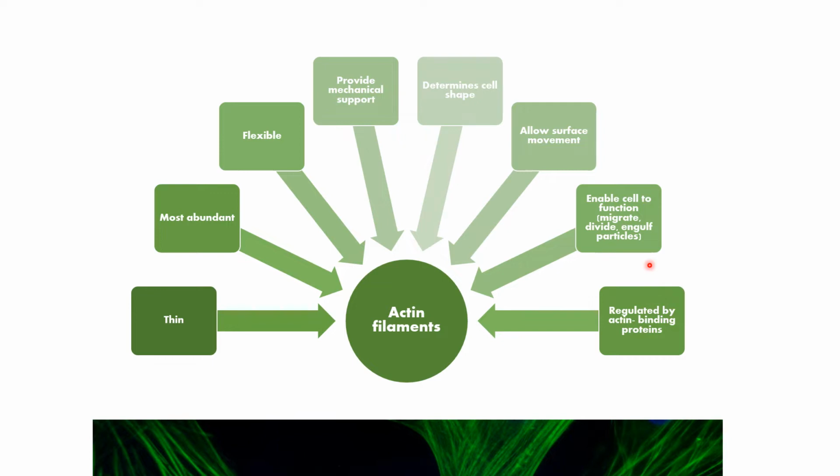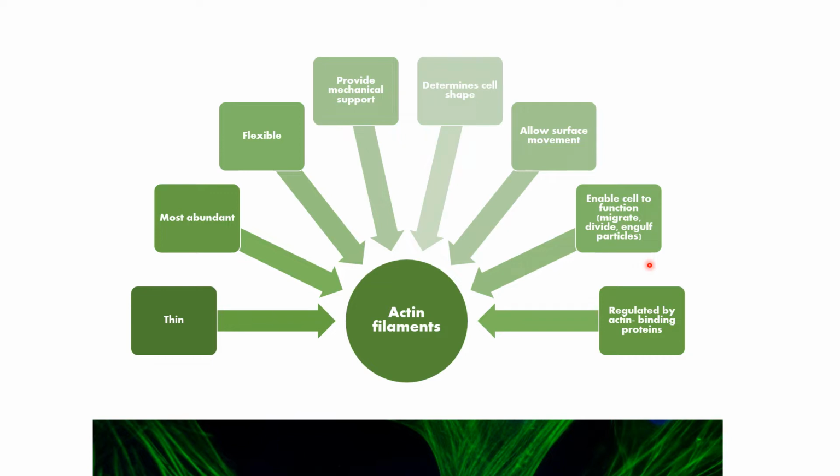They enable the cell also to function. They make the cell able to migrate, divide, and engulf some particles, and they allow also the movement of the surface. It's abundant beneath the plasma membrane. As we said, it will form like a network to provide mechanical support.